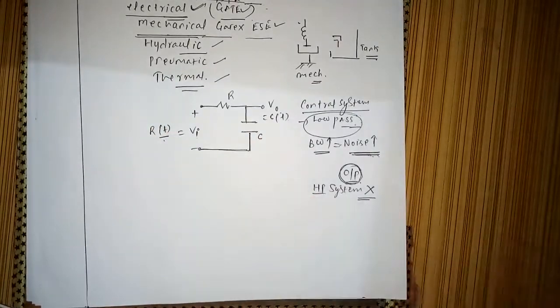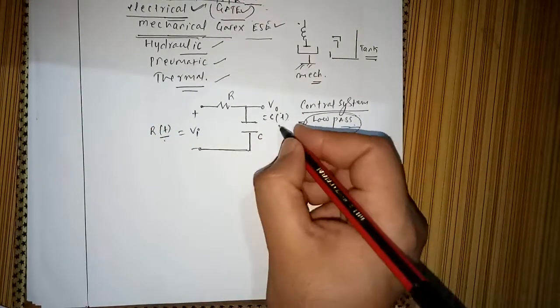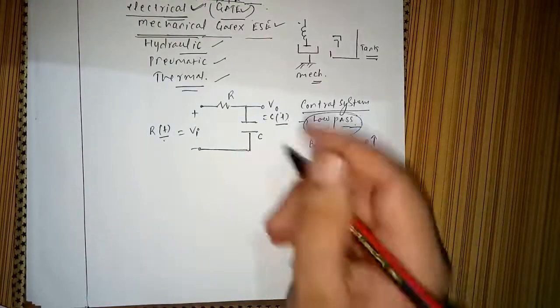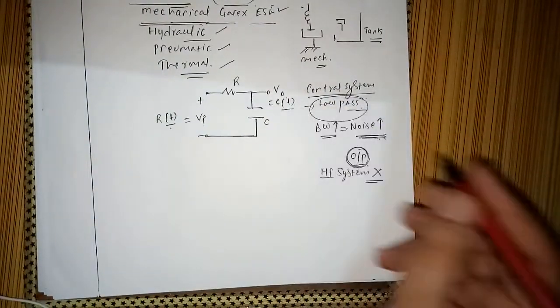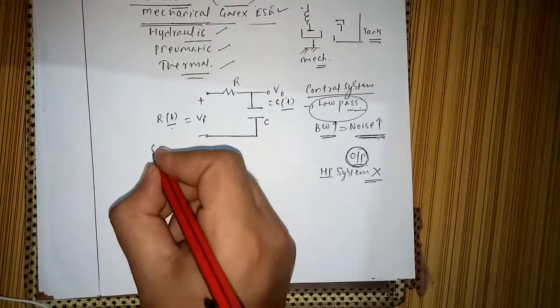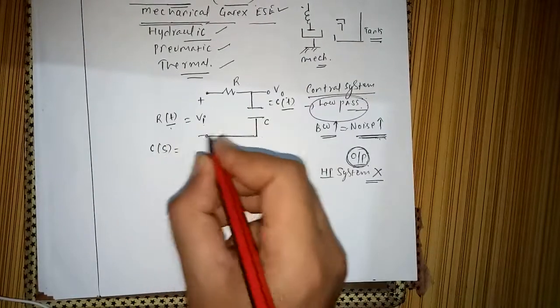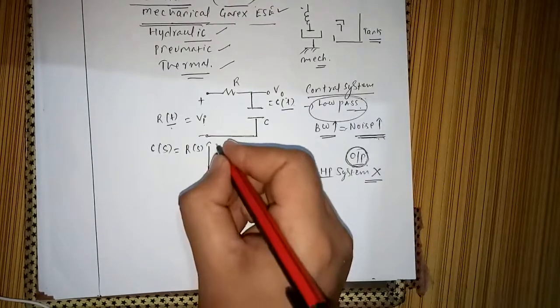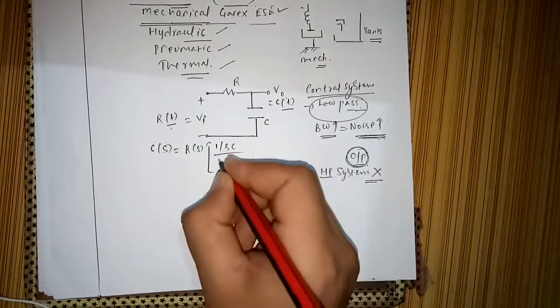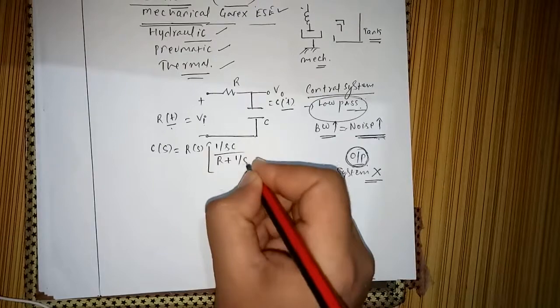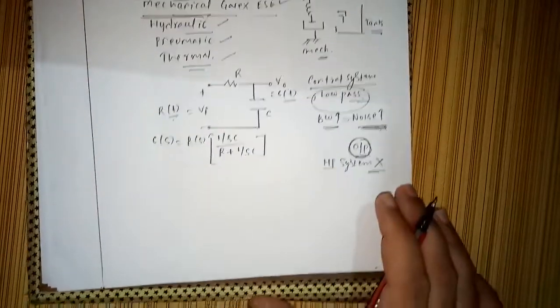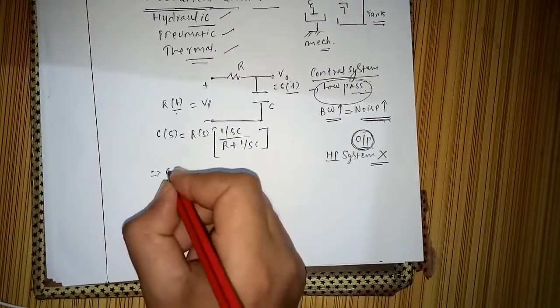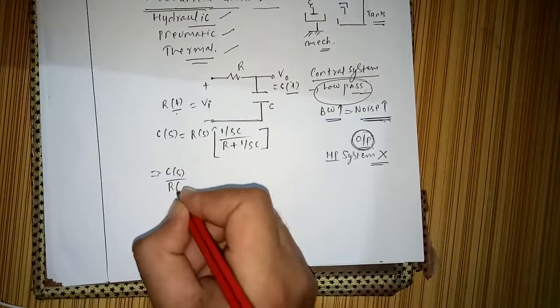So we will not lose generality and we will use those symbols only. So how can I write C(s)? C(s) is R(s) multiplied by 1/(sC) over R plus 1/(sC), right? So C(s)/R(s) is nothing but the transfer function.